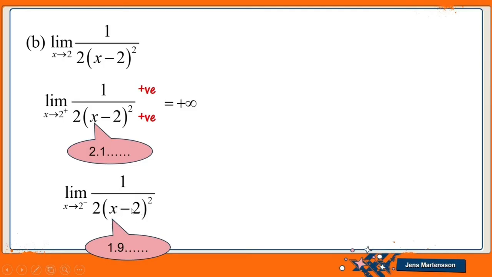Negative 0.1 squared, we got positive. Positive times 2 is positive, so the denominator is positive and the numerator is positive. Positive divided by positive, the answer is positive.